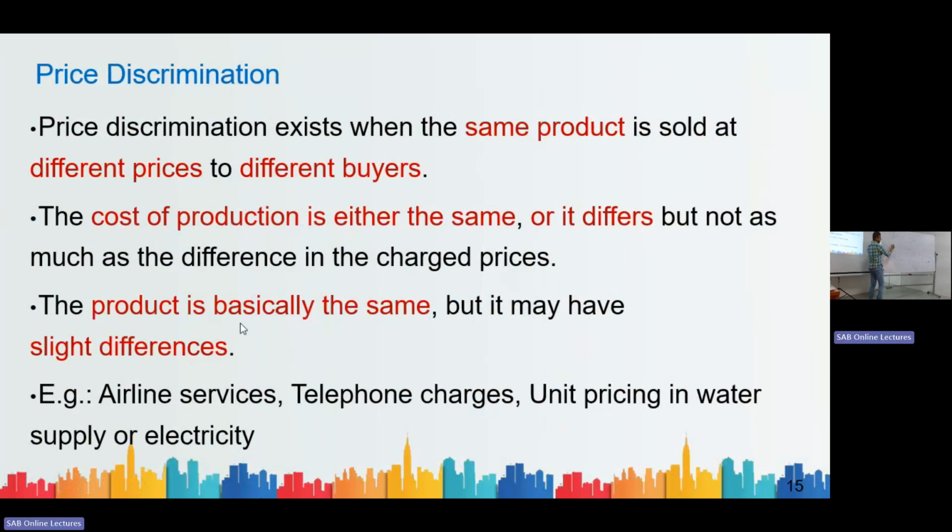So here the product is almost the same, but here the product is slightly different, so the price also should be different, but not by very much. The cost difference should be slight, and the price difference should be something significant. This is the cost difference. This is the price difference.